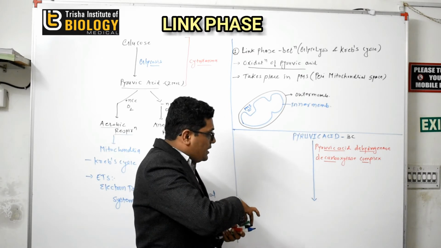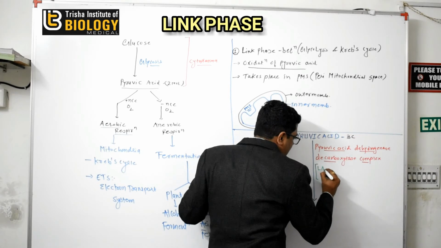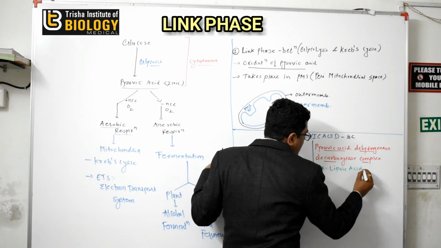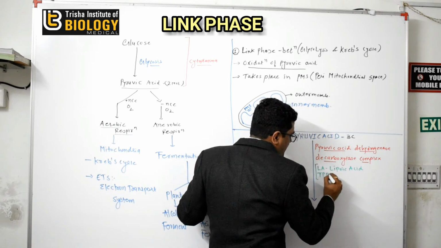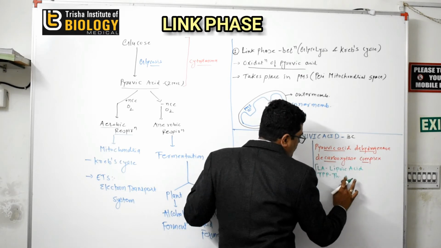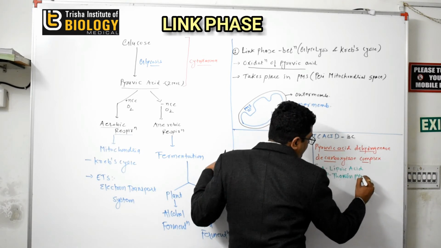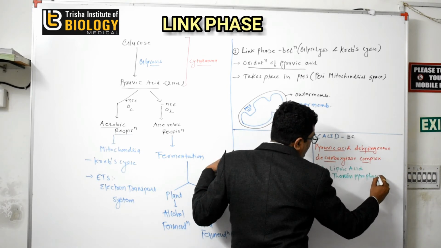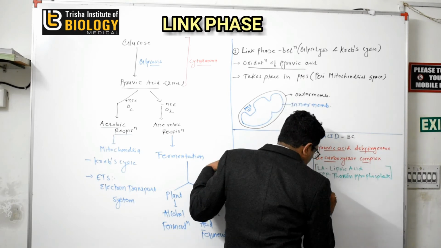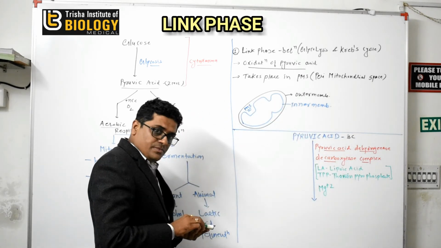With this enzyme, certain cofactors are also required: LA, lipoic acid; then TPP, thiamine pyrophosphate; and one cofactor, Mg+2, is required during this reaction.